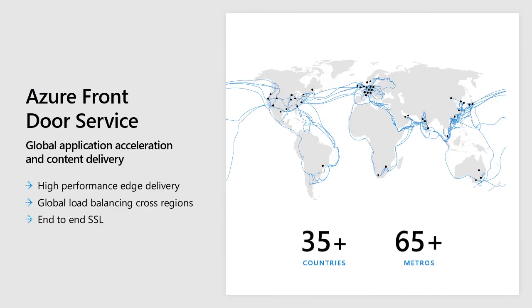The Azure Front Door Service, which I made reference to in the previous slide, is a global application delivery and content delivery service. It's currently operating across 35-plus countries and 65-plus metros. So think of the Front Door Service this way: say you have a B2C or customer-facing application that is intended to receive thousands or even millions of connections from users all over the world.